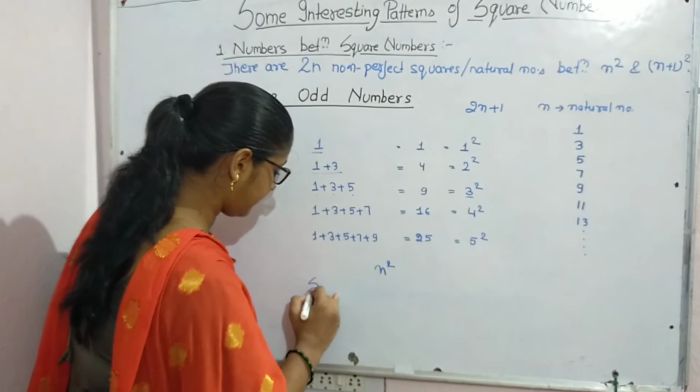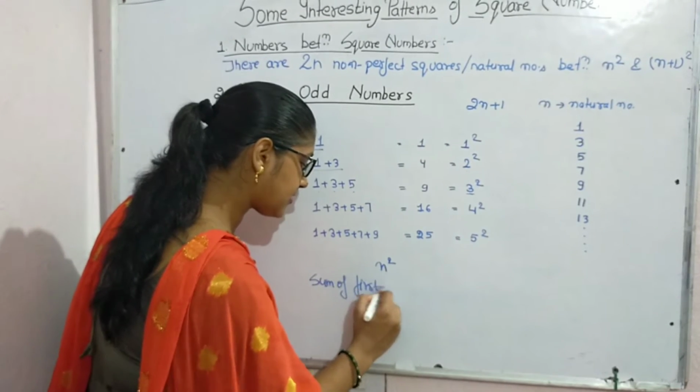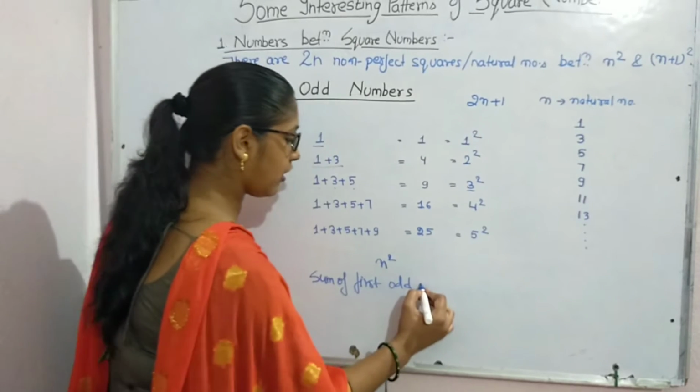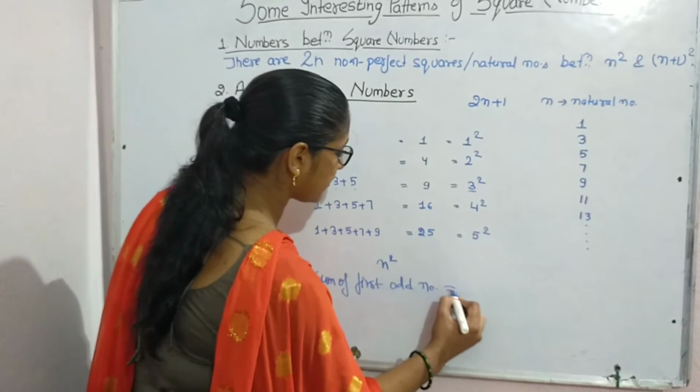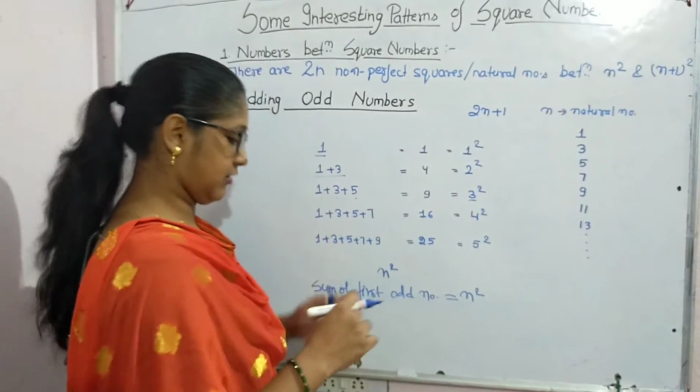So we can say that the sum of first n odd numbers is equal to n square, where n is a natural number.